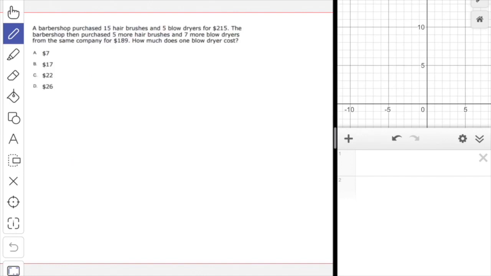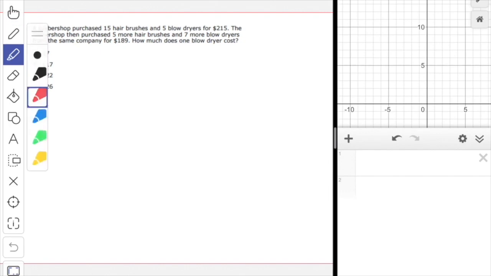All right, so for this particular problem, it says a barbershop purchased 15 hairbrushes and 5 blow dryers for $215. The barbershop then purchased 5 more hairbrushes and 7 more blow dryers, and the company paid $189. How much does one blow dryer cost? So for this particular problem, we're solving for a blow dryer.